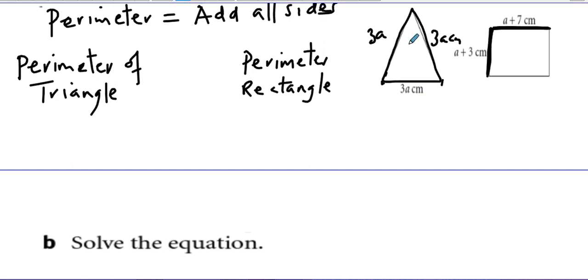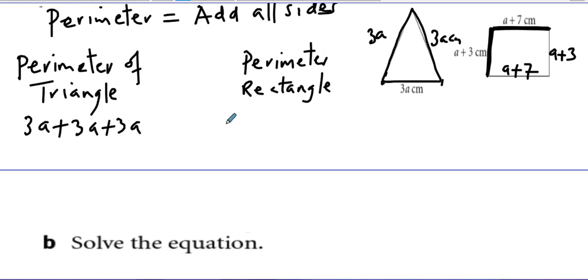Perimeter of a triangle, we add all those sides, so we add 3a, 3a, 3a. For the rectangle, we have a plus 7, even here will be a plus 7. Here we have a plus 3, even here will be a plus 3.